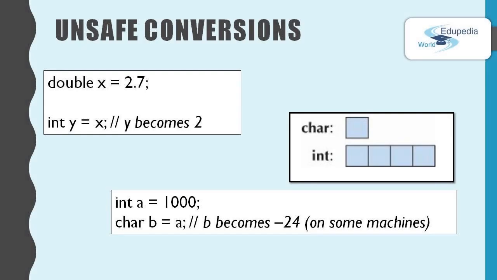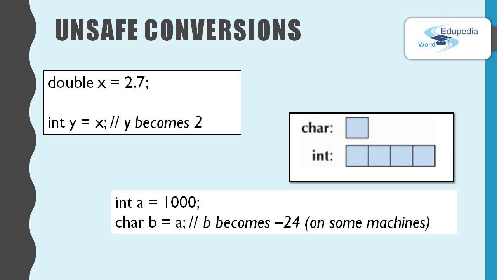Why can this be a problem? Because often we don't suspect that an unsafe conversion is taking place. Consider this code segment. Double x equals 2.7, and it is trying to assign this double variable value into an int variable y. Now y becomes 2. It ignores the decimal part 0.7.